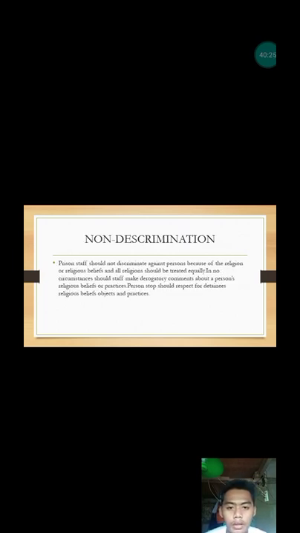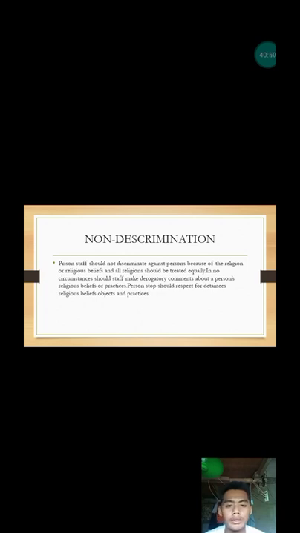Non-discrimination. Prison staff should not discriminate against persons because of their religion or religious belief, and all religions should be treated equally. In no circumstances should staff make derogatory comments about a person's religious belief or practices. Prison staff should respect detainees' religious beliefs, objects, and practices.